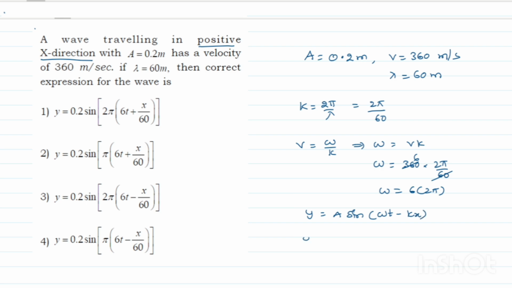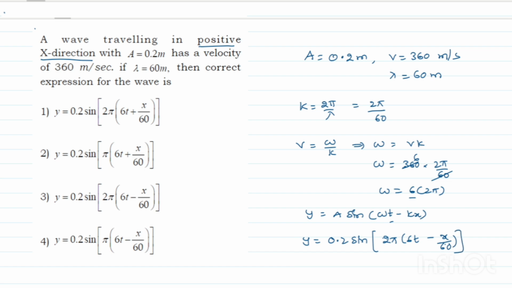Then y equals 0.2 meter into sin, with omega as 2 pi into 6, so taking 2 pi common, 2 pi into (6t minus x by 60).